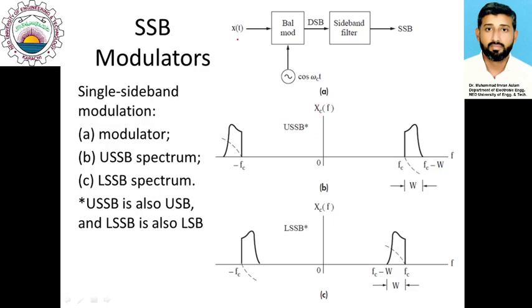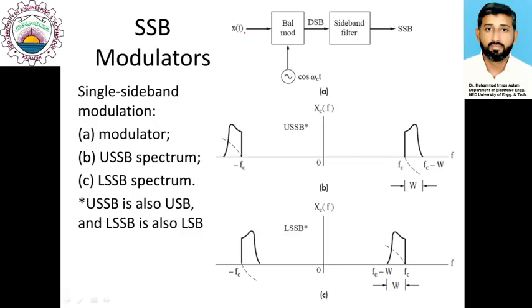If you recall the single sideband signal, we discussed that in single sideband we actually suppress one of the sidebands as well as the carrier from the AM signal. So single sideband is generated by suppressing carrier and one sideband.